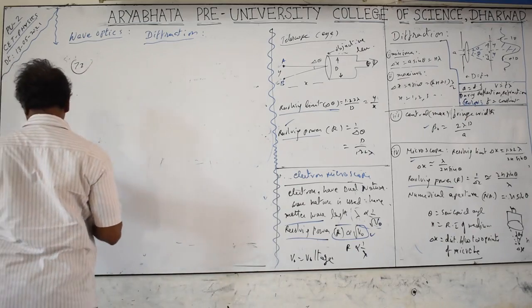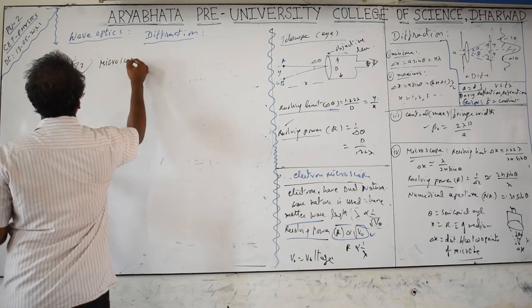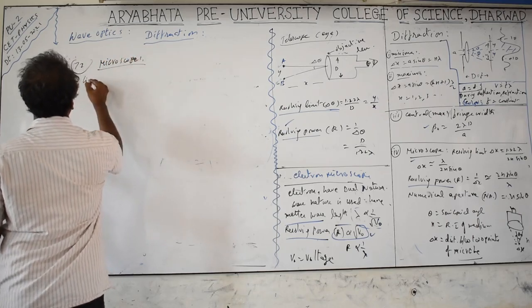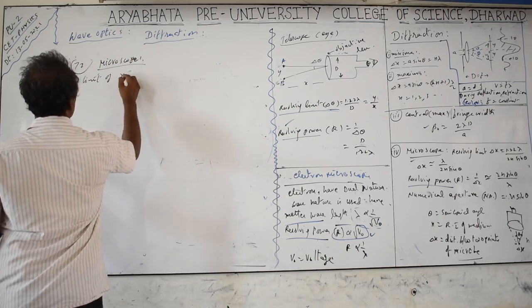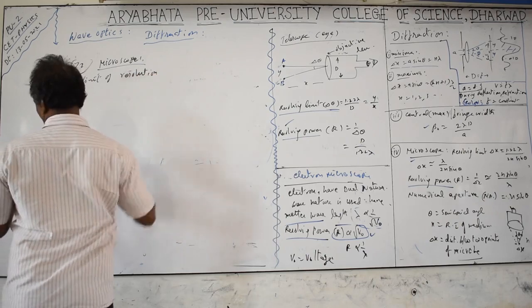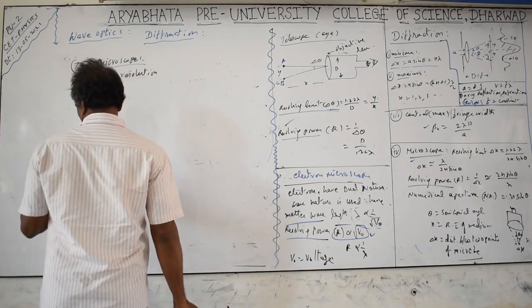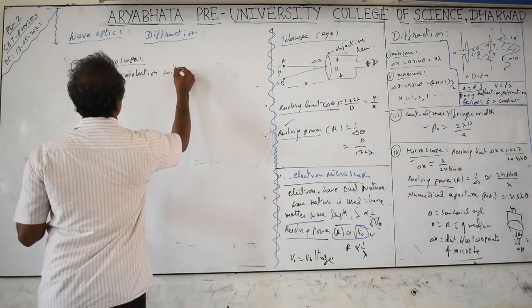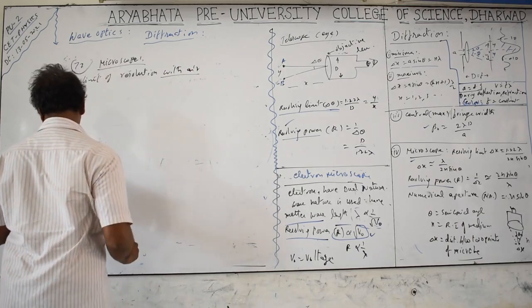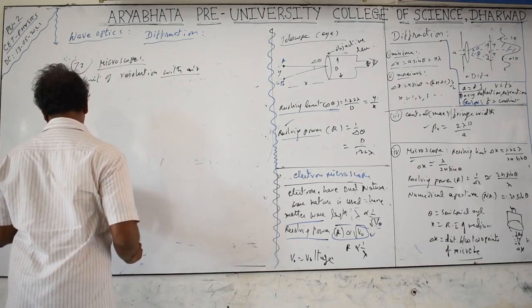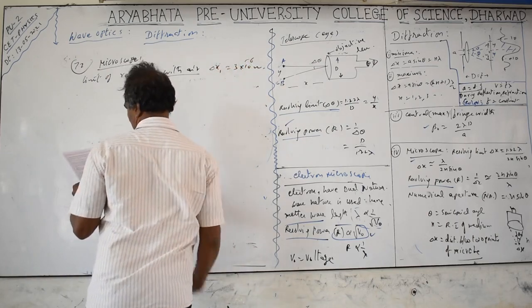The limit of resolution of the microscope with the air is 3 into 10 to the power of minus 6 meters, that is delta x1.